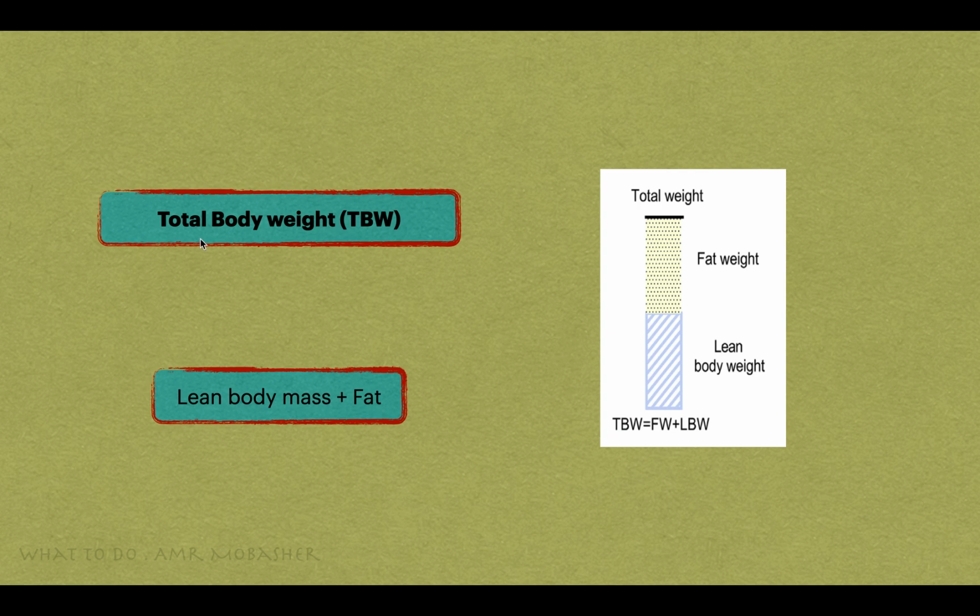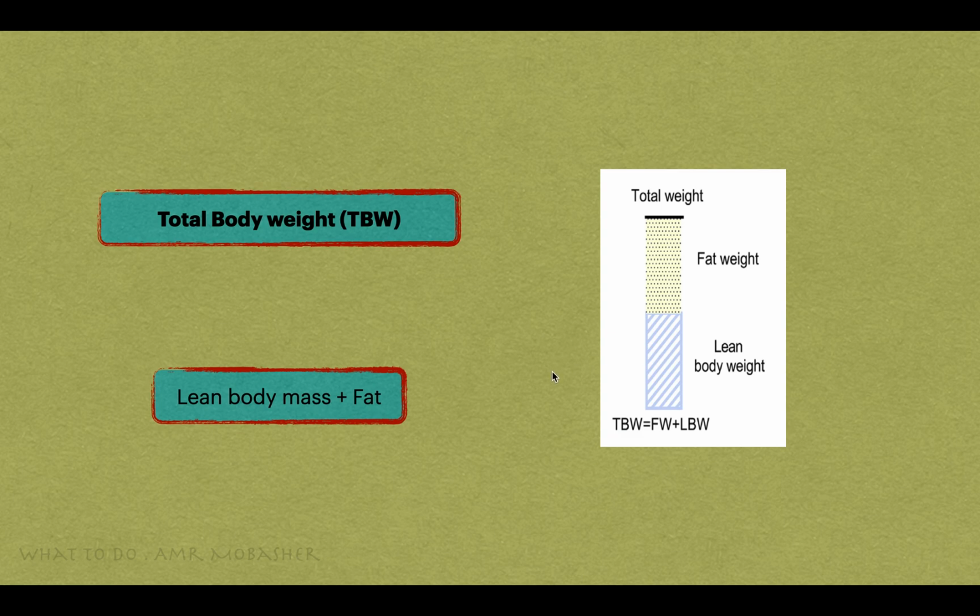Firstly, we know what's called the total body weight, which consists of two main parts, lean body mass and the fat mass. So what we are really concerned about is the lean body mass, because most of the cardiac output is directed to that part, and the volume of distribution of most drugs given in critical care is directed also to that part.